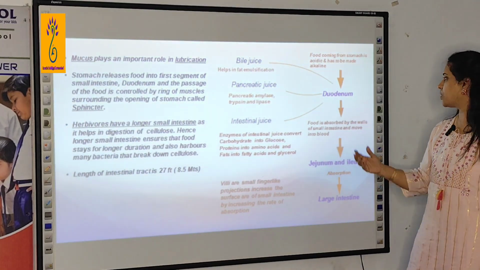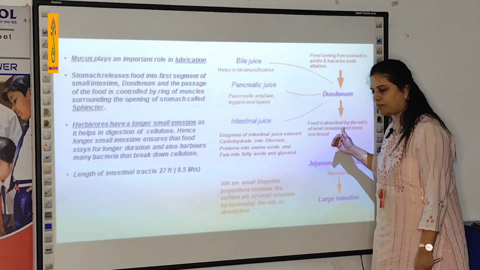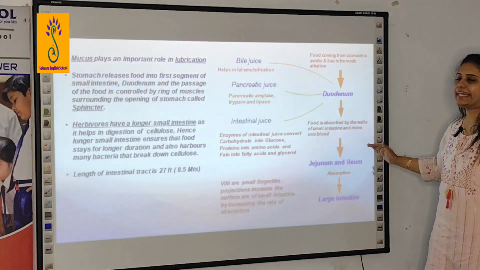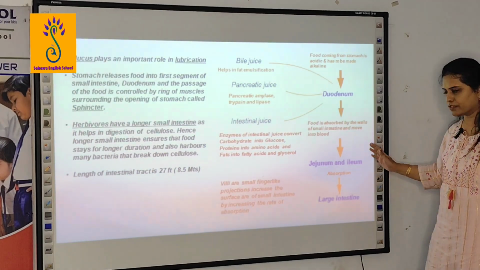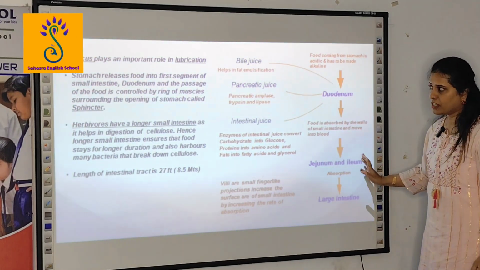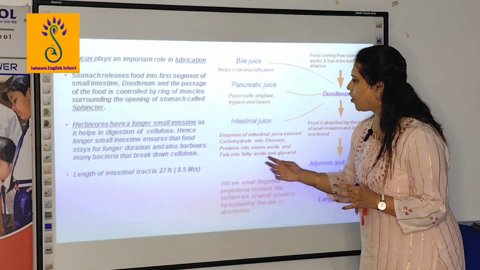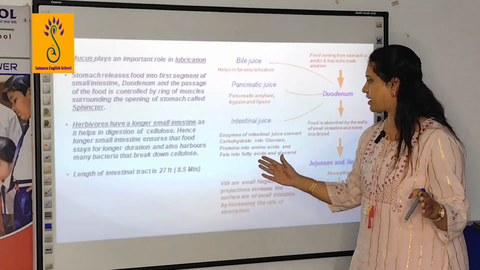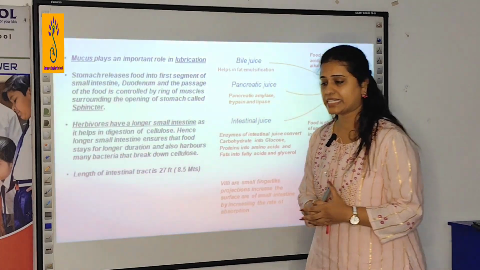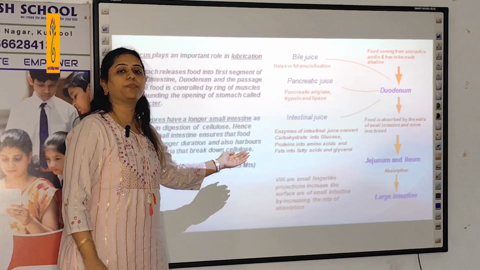It is now absorbed in the jejunum and ileum. These are the next two parts of the small intestine. So, the overall length of the intestinal tract is approximately 27 feet. It is 8.5 meters.